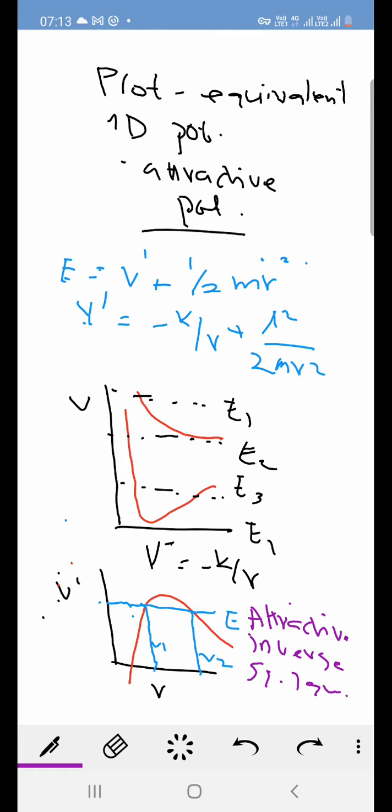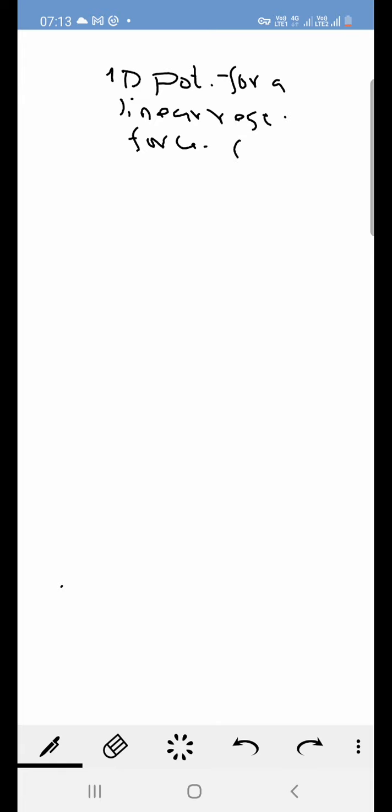Now for a restoring force, if somebody talks about a one-dimensional potential for a linear restoring force, I think here this will be talking about a harmonic oscillator.